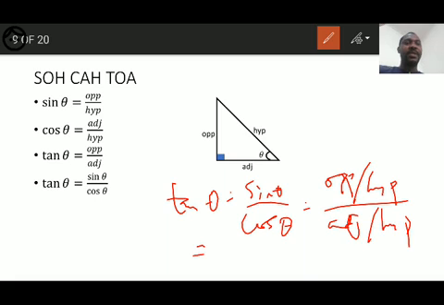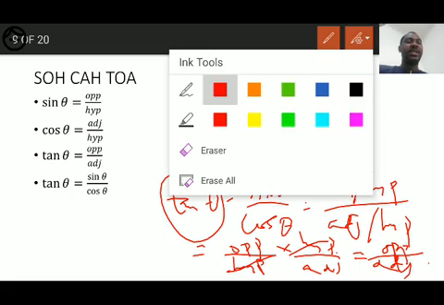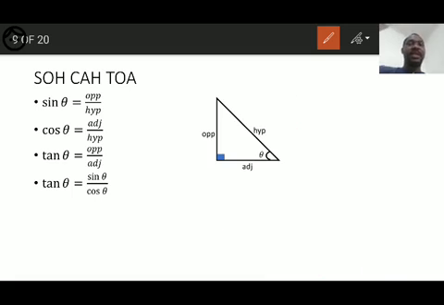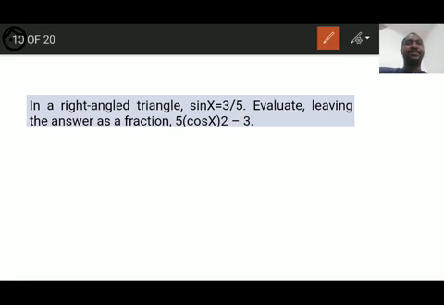So which means that opposite over hypotenuse now times hypotenuse all over adjacent. So you can see when hypotenuse cancels hypotenuse, you are going to now get opposite all over adjacent, which is our tan theta. Okay, so generally we should know that tan theta is sine theta over cos theta. Okay, so that leads us to the next thing here.